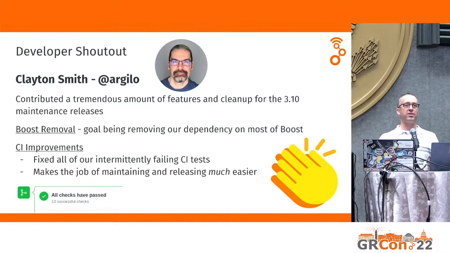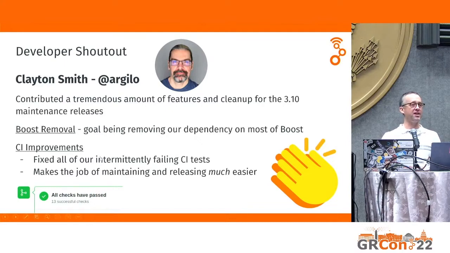Boost has provided a lot of advanced features for C++, but it's a big dependency, and it can also be challenging to maintain across a lot of distributions. So the less we rely on Boost, the easier it is for us to support our releases. Clayton got in and removed a lot of that dependence just by updating to standard C++ and a lot of other changes.